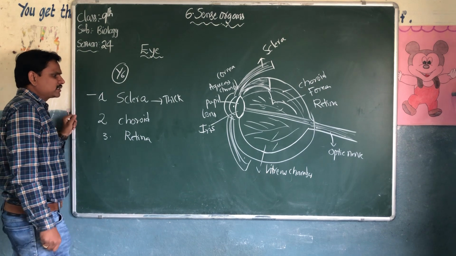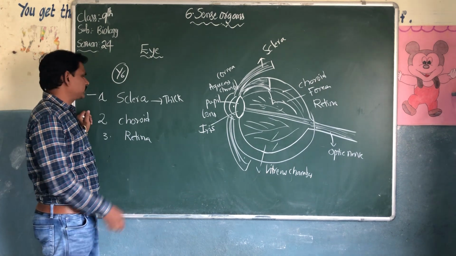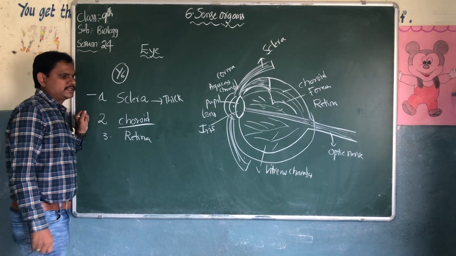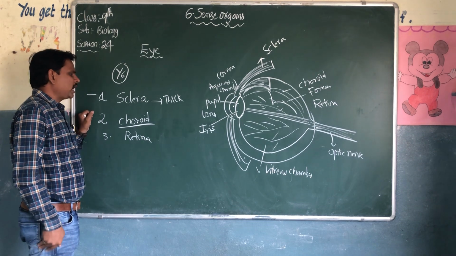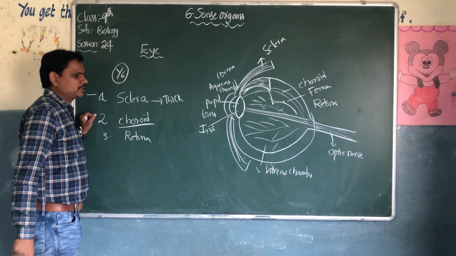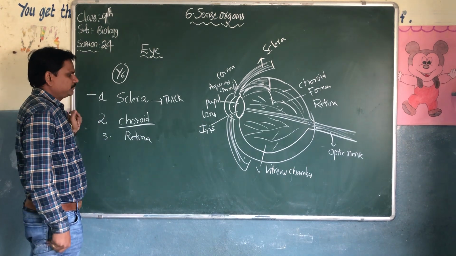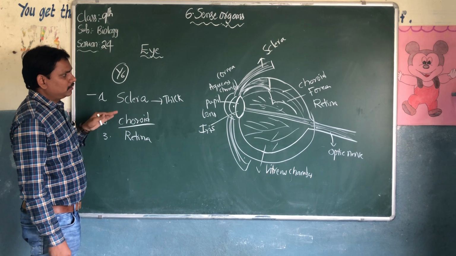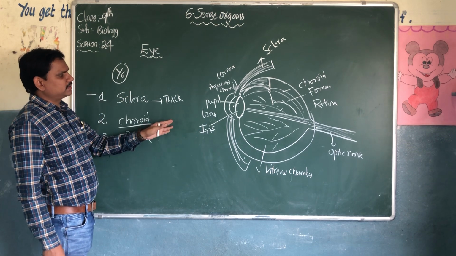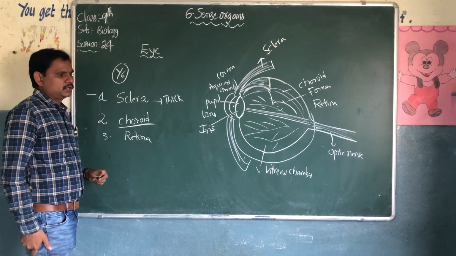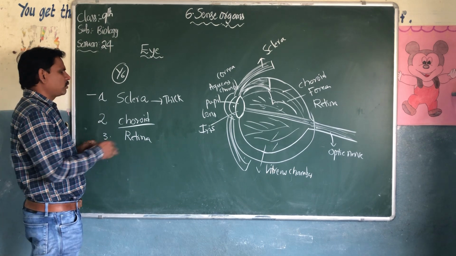The next part is the choroid layer. In the choroid layer we can see the pupil, the iris, and the lens.